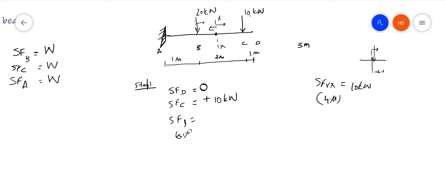Both are in the vertical downward direction, so 10 plus 20, the total will be 30 kilonewton. Now the last point is the shear force at A. That will again be 20 plus 10, that is 30 kilonewton. So I have found out the shear forces at the different points.